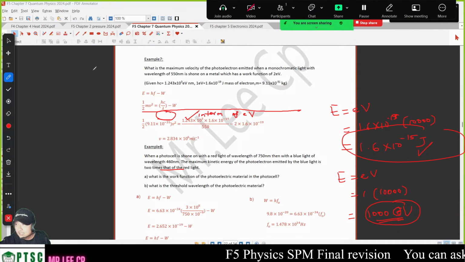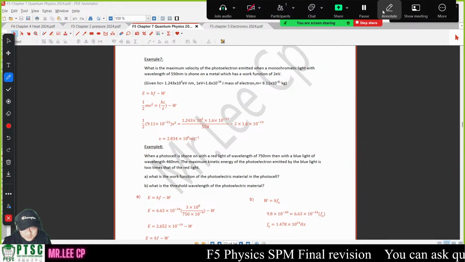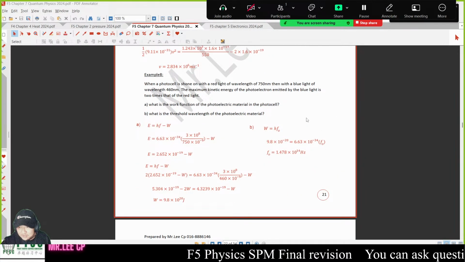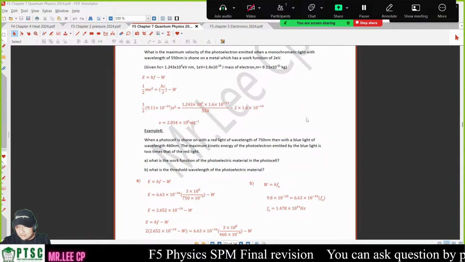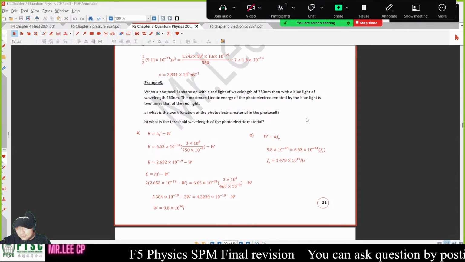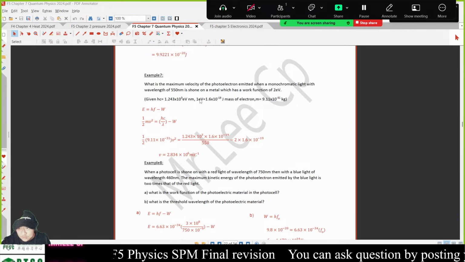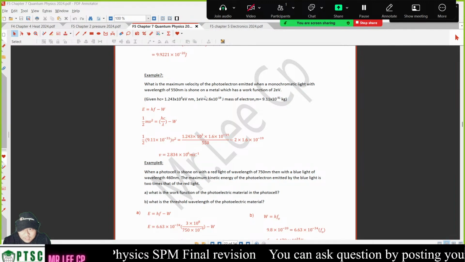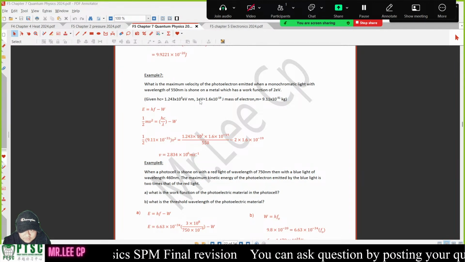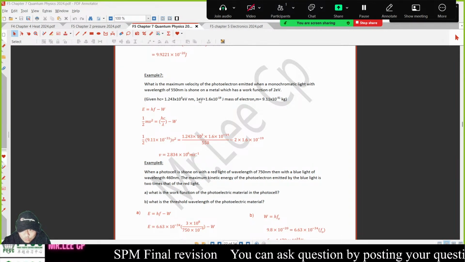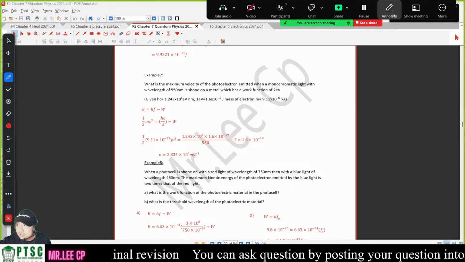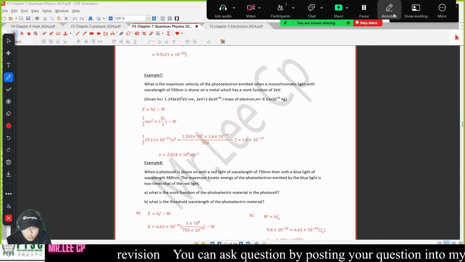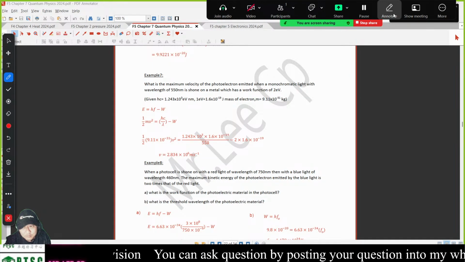I don't know whether you really understand it or not. For example, if the question gives 1 eV, 1 electron volt, you substitute e in. 1 electron volt is 1.6 times 10 to the negative 19 joule.